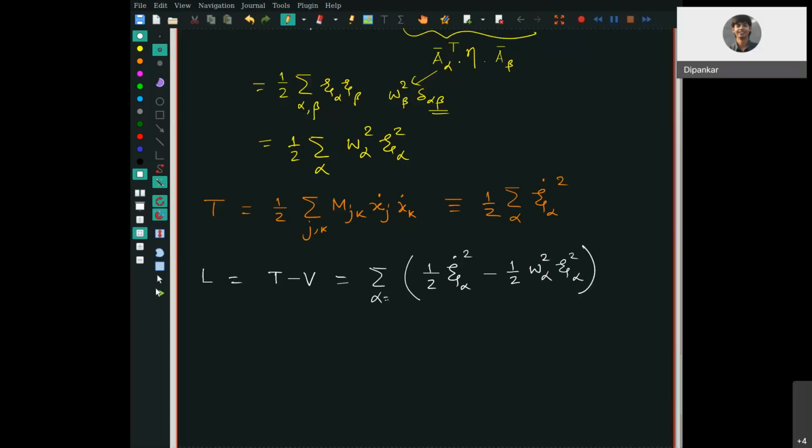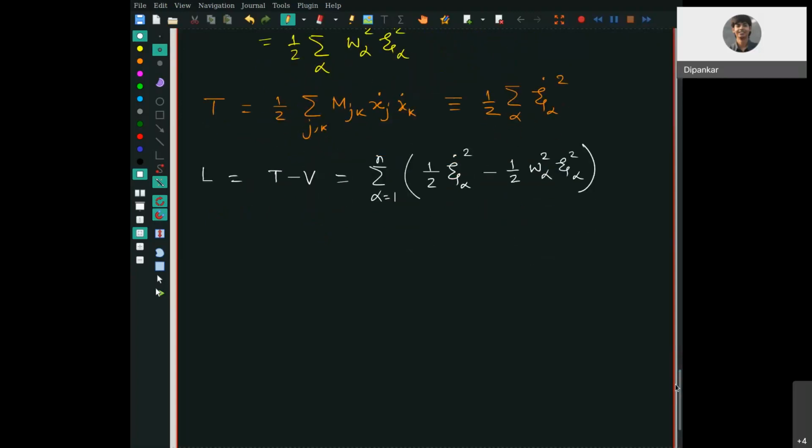Okay, so this is alpha equals 1 to n. Now this is quite remarkable. You compare it with the Lagrangian of a simple harmonic oscillator.